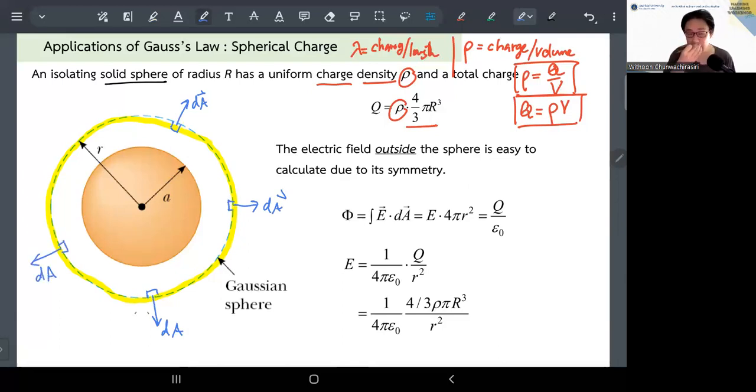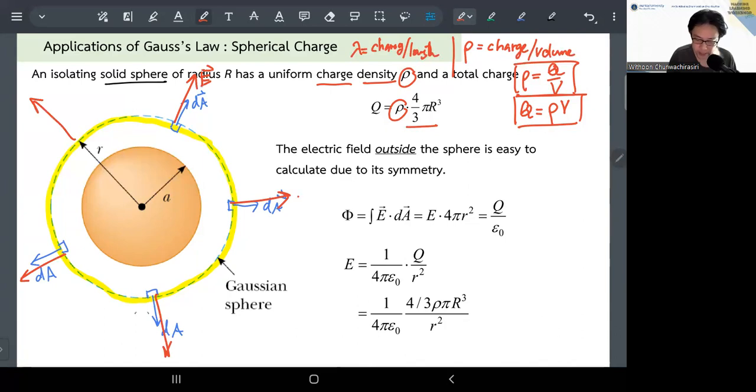And by the symmetry argument, the electric field is supposed to point in all directions equally as well. There shouldn't be any particular direction where the electric field is stronger than the other. The sphere cannot even tell which direction is up, down, left, right, north, south. They all look equally the same in space. So that suggests the electric field is supposed to point in the radially outward direction equally as well.